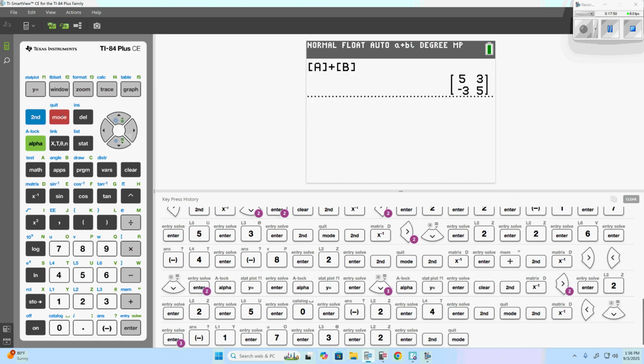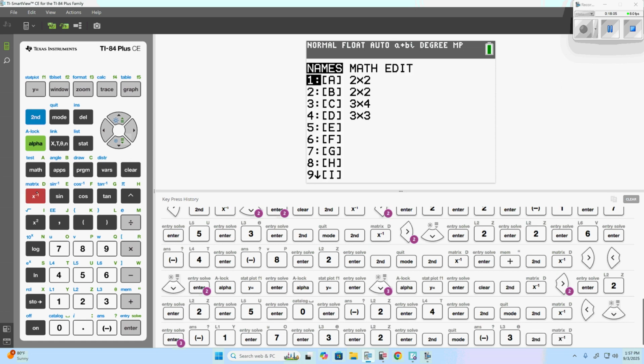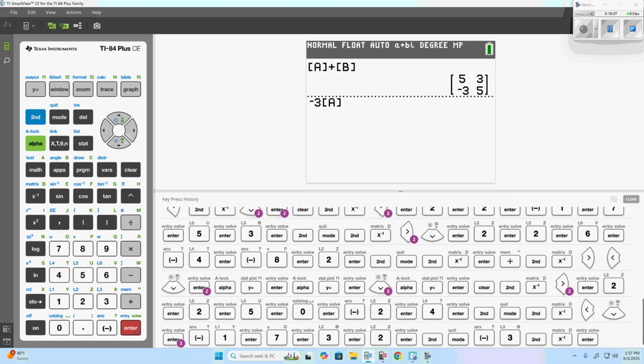So focus in just for a little bit longer. So we had negative 3 times that first matrix. So the first thing we're going to type is negative 3, second matrix, A. So this is saying we're taking negative 3 times that first matrix.